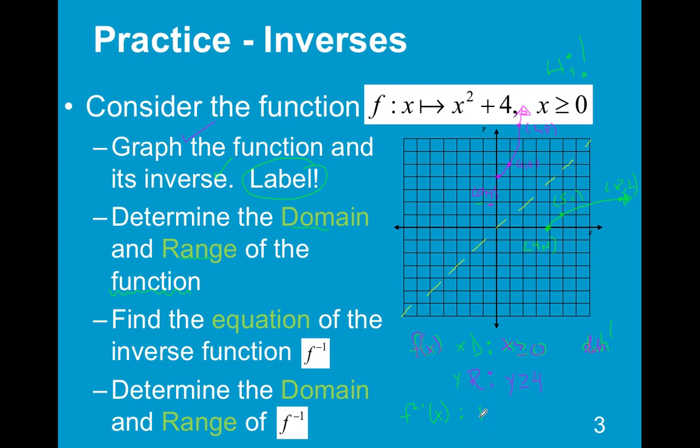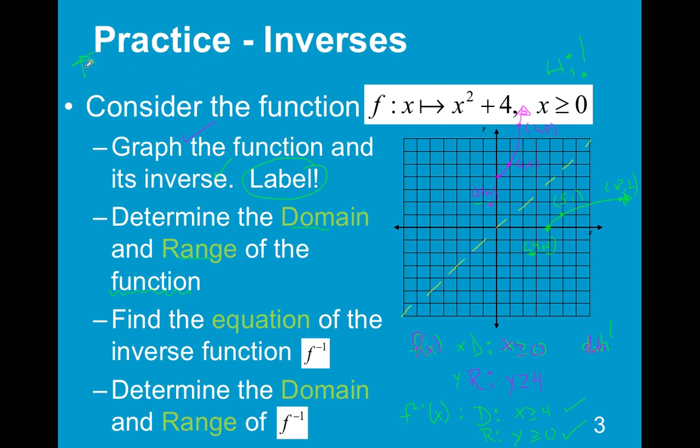Switch x and y, so the domain of the inverse is the old range, and the range of the inverse is the old domain. Now go look at the graph and see, is that true? Is the first domain value I use 4? Check. Is the first range value I use 0? Check.